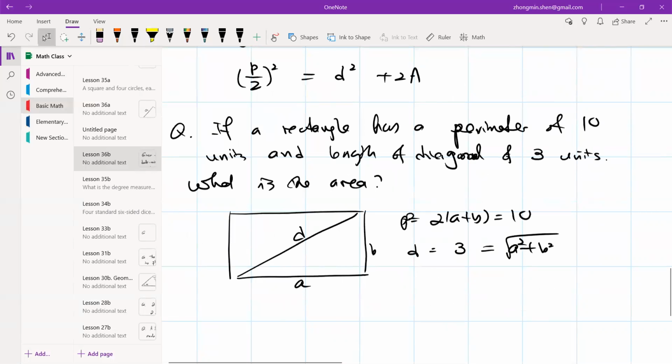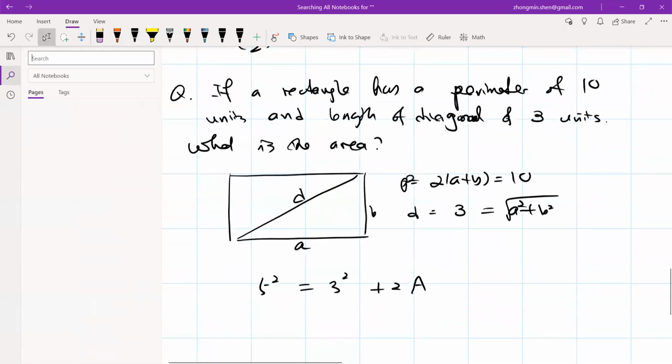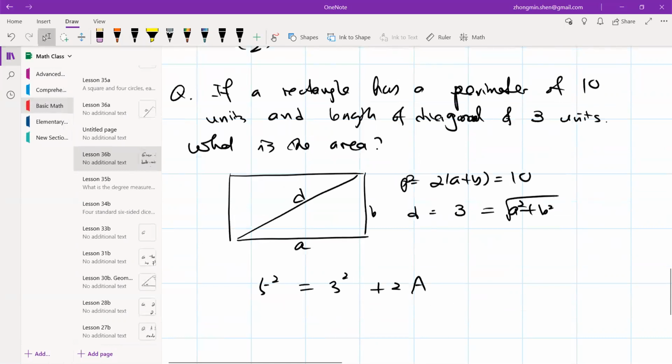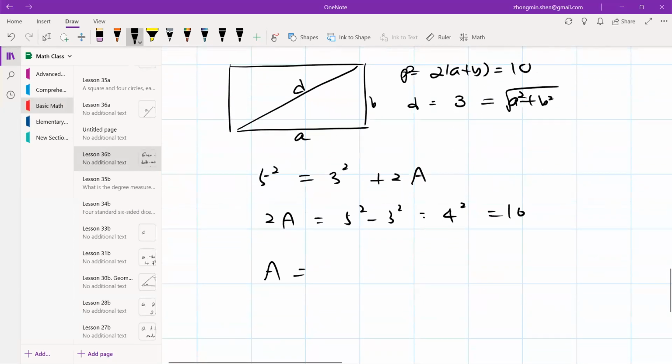Now, if you remember the above identity, half of P squared, which is 5 squared, equals 3 squared plus 2AB. Applying the formula, 2AB equals 5 squared minus 3 squared, which is 4 squared, 16, and then the area is going to be 8 square units.